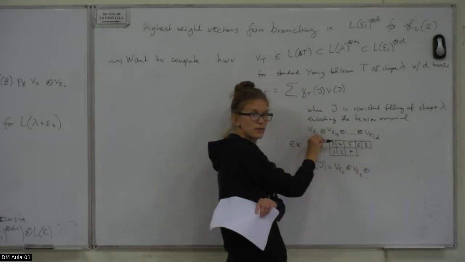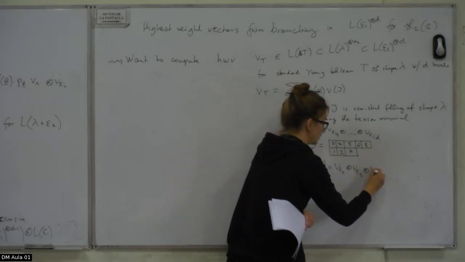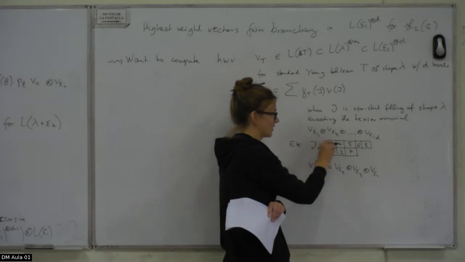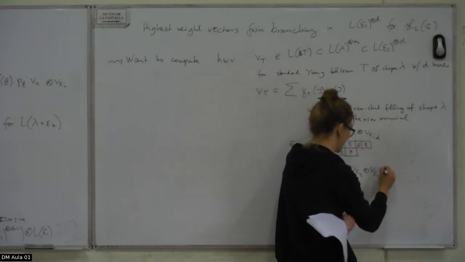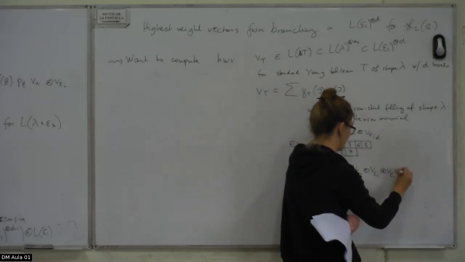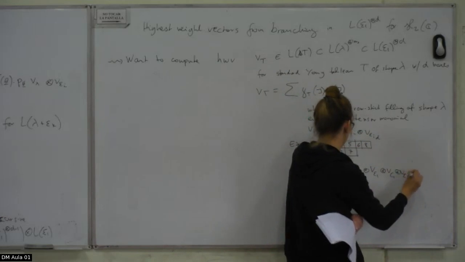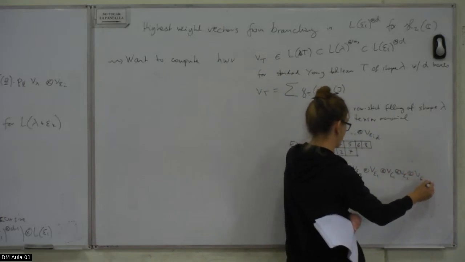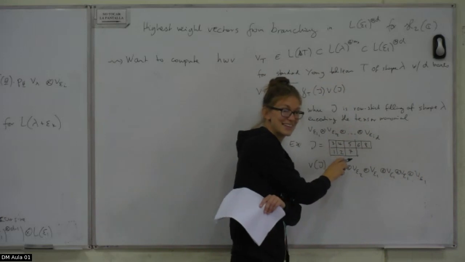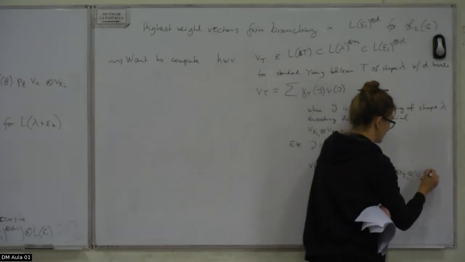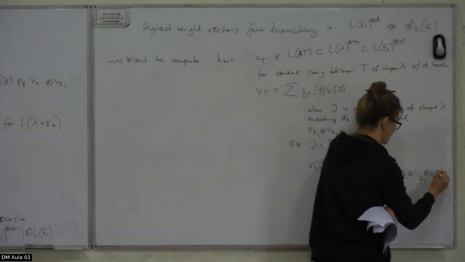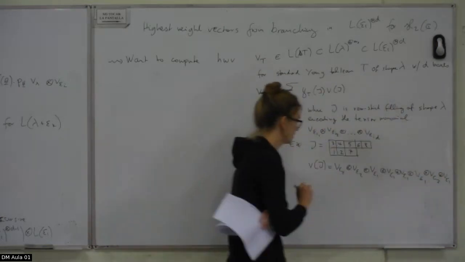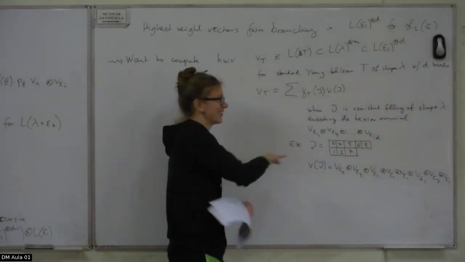Then my 3 is in the first row, so I get the epsilon 1. Yeah, and I get several epsilon 1s. Epsilon 1, epsilon 1, and another one, epsilon 1. And then the 7th guy is again in the second row, so that would be the epsilon 2. And then another epsilon 1. Yeah, so it's a very short notation for a long thingy.